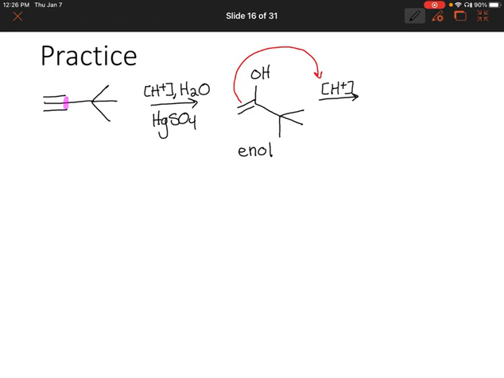The less substituted carbon. So then we'll end up with our alcohol still intact. But because we added a hydrogen to the less substituted carbon, so we added a hydrogen on the left there, the carbon it bonded to the alcohol lost an electron. So now that is positively charged.